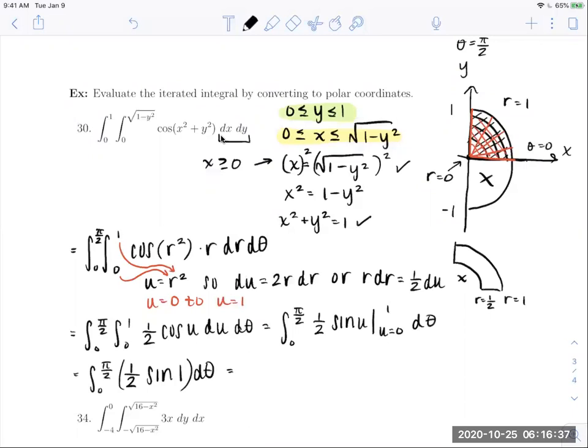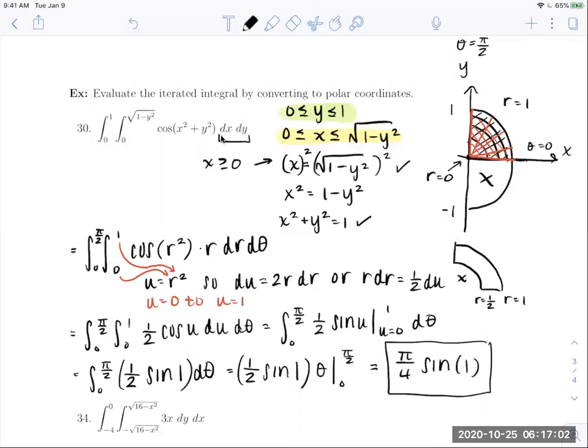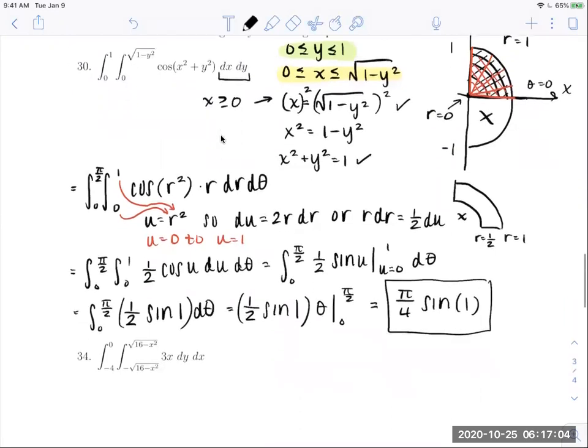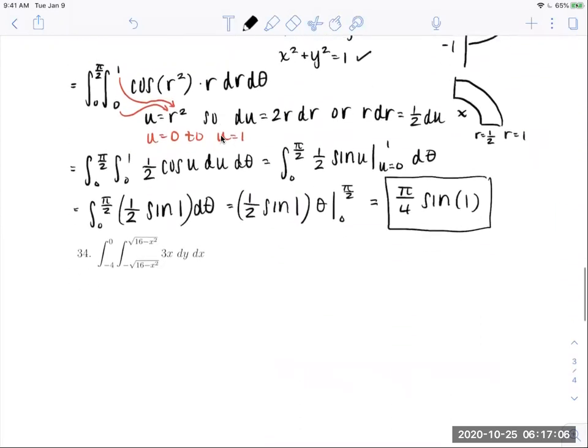When I integrate it with respect to theta, I'm just going to tack a theta on there. And then, of course, when I evaluate, I'm just going to get a pi halves popping out. So this becomes, excuse me, not pi halves, but pi quarters sine of 1. All right, and there is my answer for that double integral.